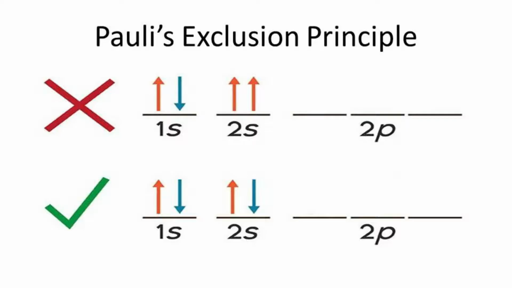Fine. Now, Pauli's exclusion principle. What it says: no two electrons in an atom will have all four quantum numbers the same. It means the pairing of electrons came in the same suborbital. In the 2s orbital, if I have to fill two electrons, then both electrons will not carry the same spin.